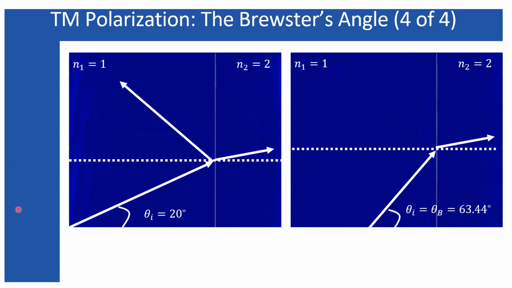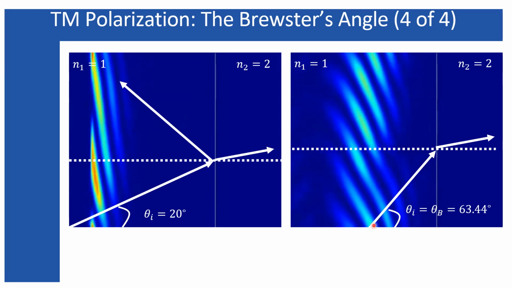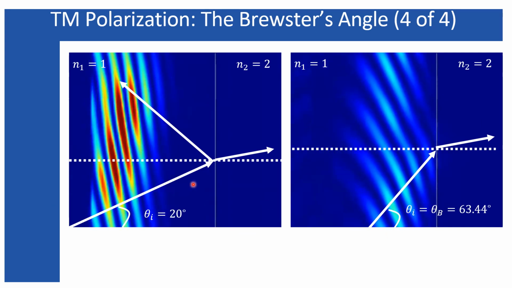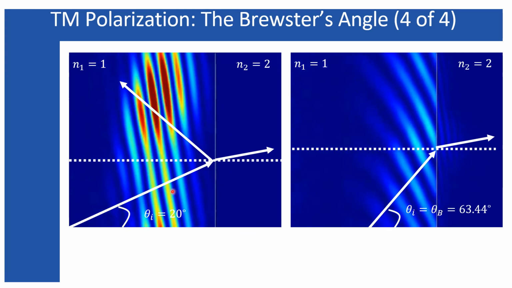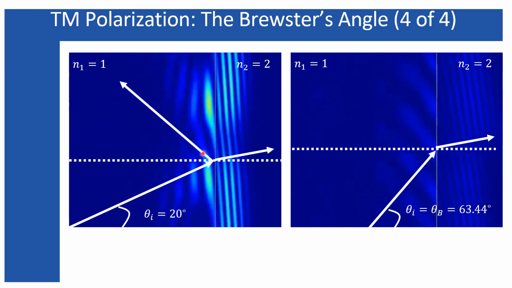Observe the simulations once again. Incident wave vector which is perpendicular to these planes. You can see here also the incident wave vector perpendicular to these planes, and here no reflection, but here there is a reflection.